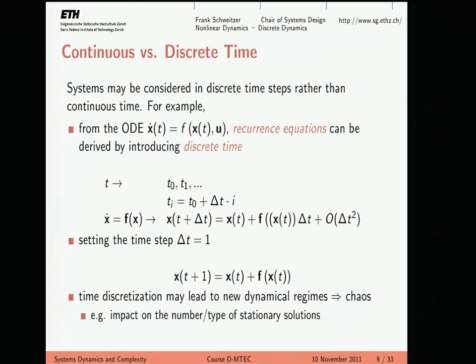So we approximate this x of t plus delta t. We do the Taylor series expansion around this point t. So let's keep our picture. If this is our t, we're interested in what happens at t plus delta t, and delta t is very small, let's say here.